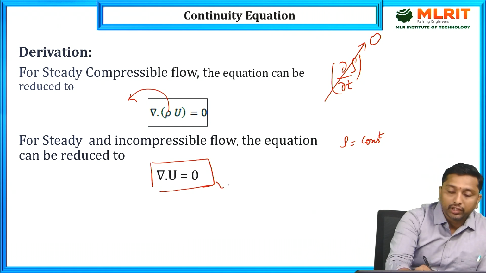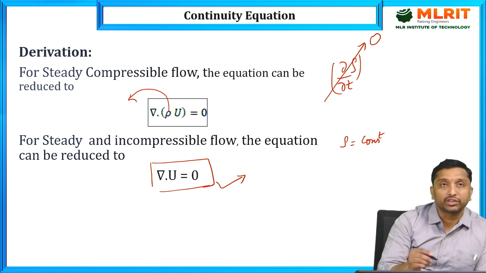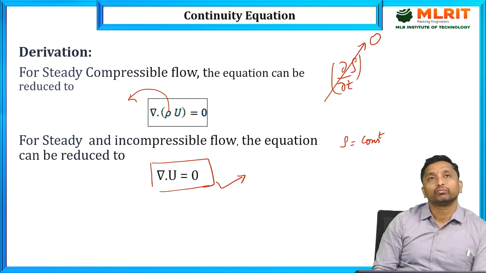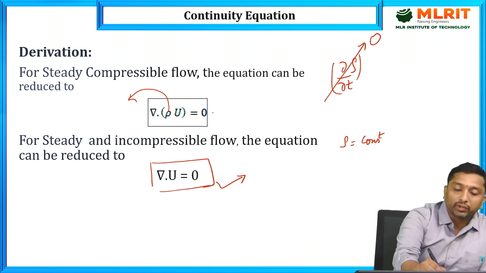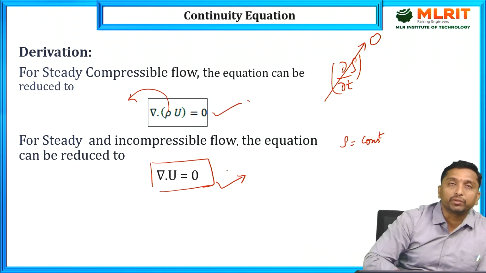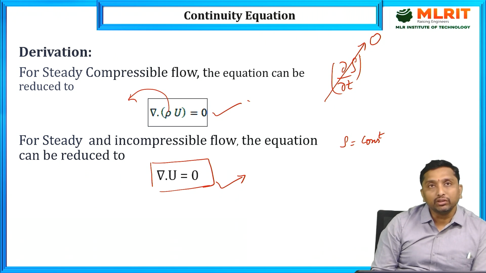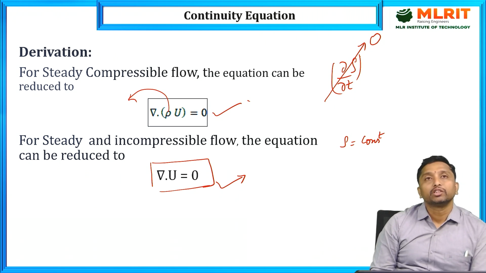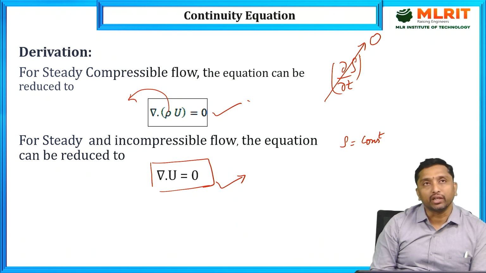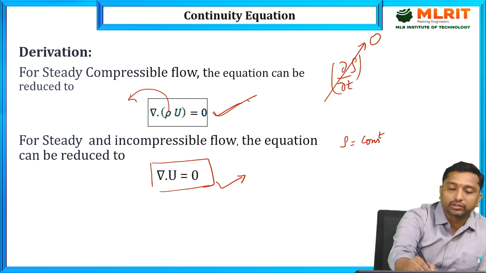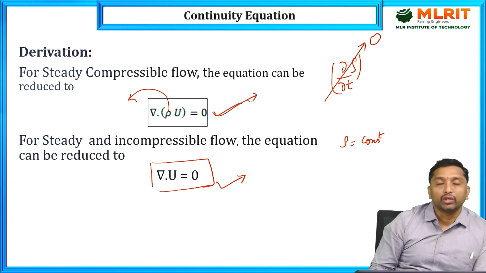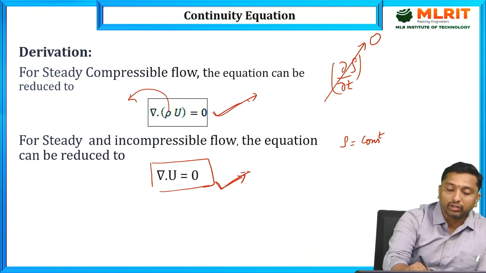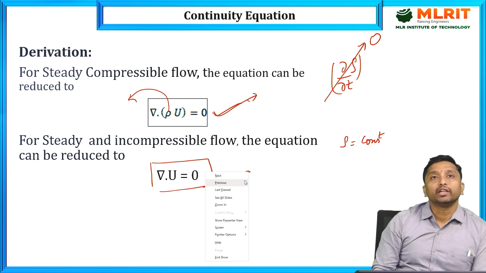This is the reduced form of the equation for steady incompressible flow. Both equations represent the continuity equation, but for specific conditions. The first one is for steady flow and the second one is for steady and incompressible flow.